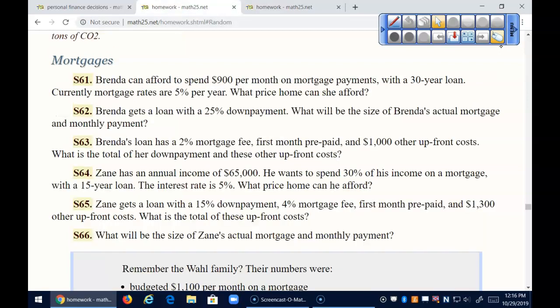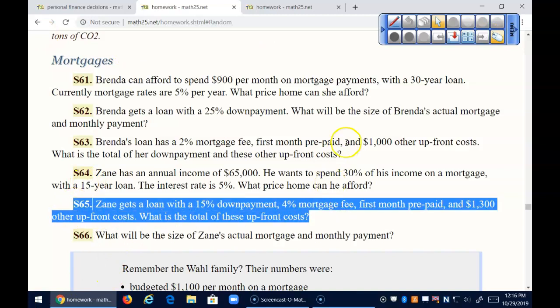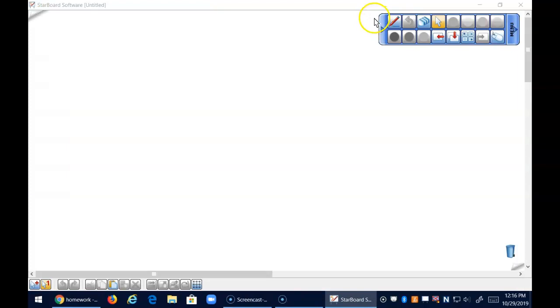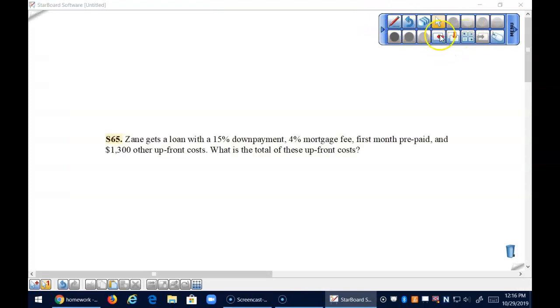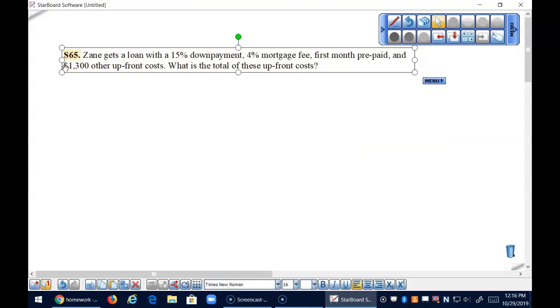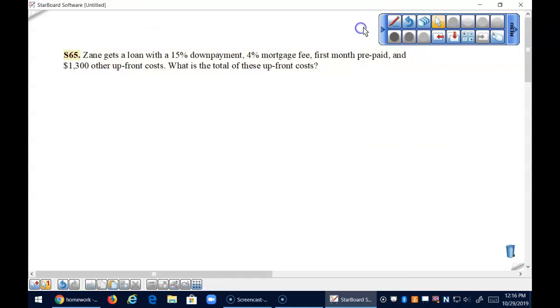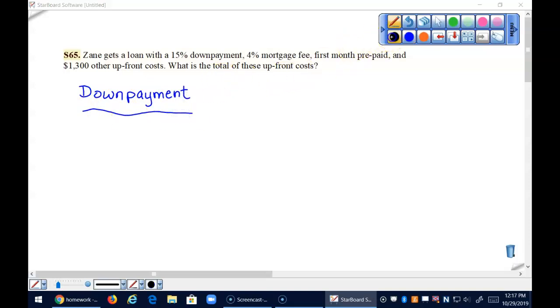Okay, back to Zane. So now he actually will get a loan. It has a 15% down payment, and let's just go with that much only for now. So down payment, so 15% will be 0.15.